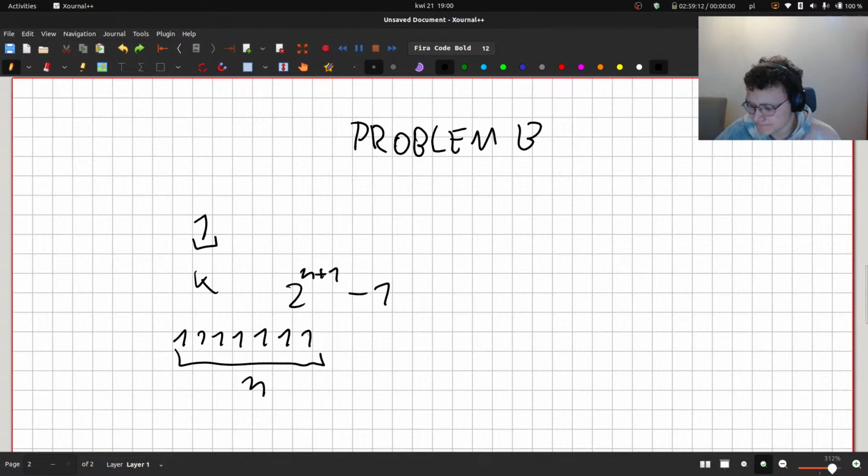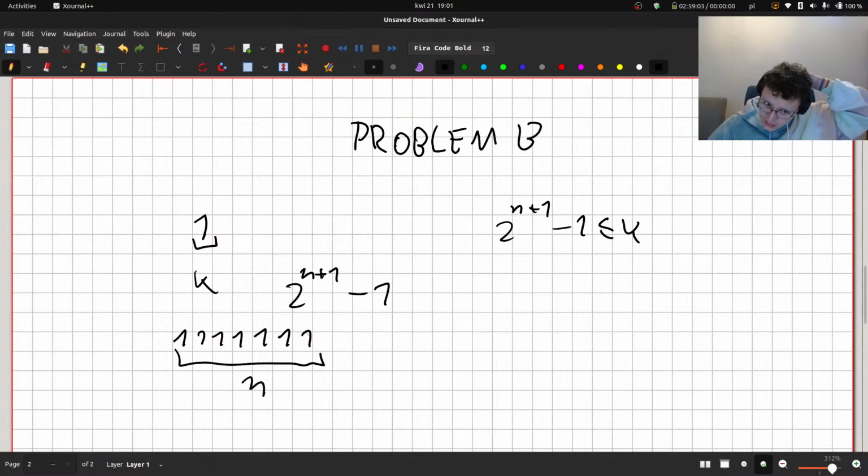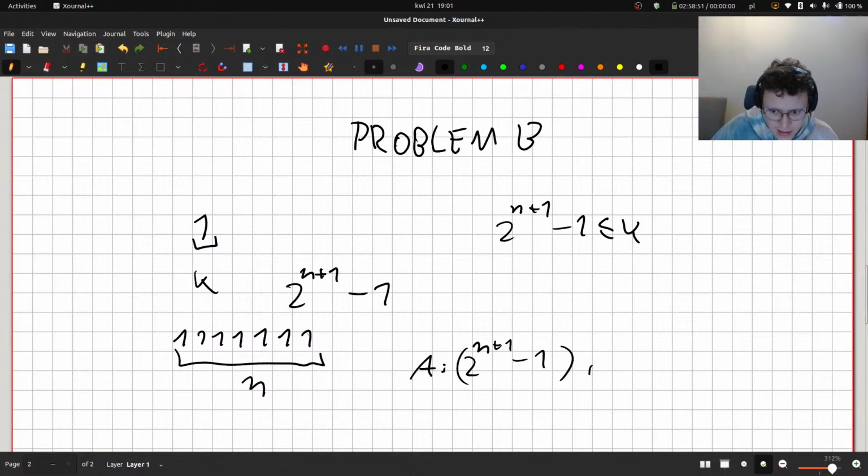And we want to find the last n such that 2 to the power of n plus 1 minus 1 is at most k. And our array will look like this: 2 to the power of n plus 1 minus 1 and only zeros. But as you can see, the sum of this array may not be equal to k.